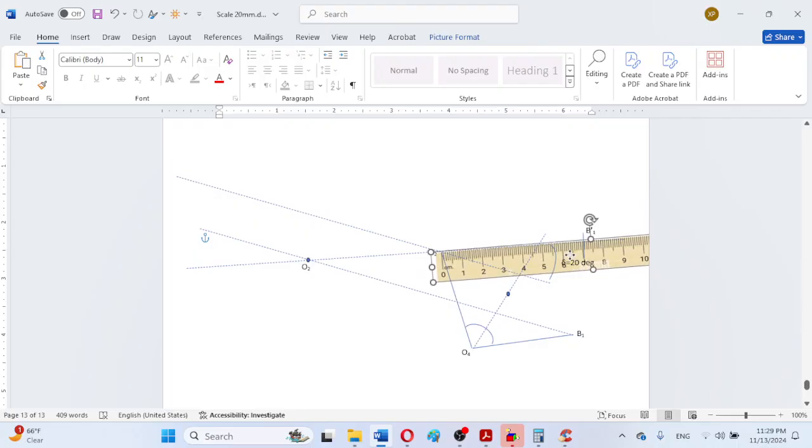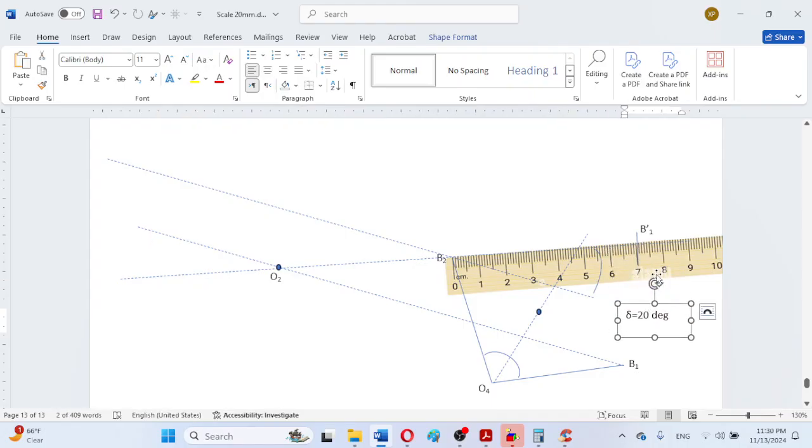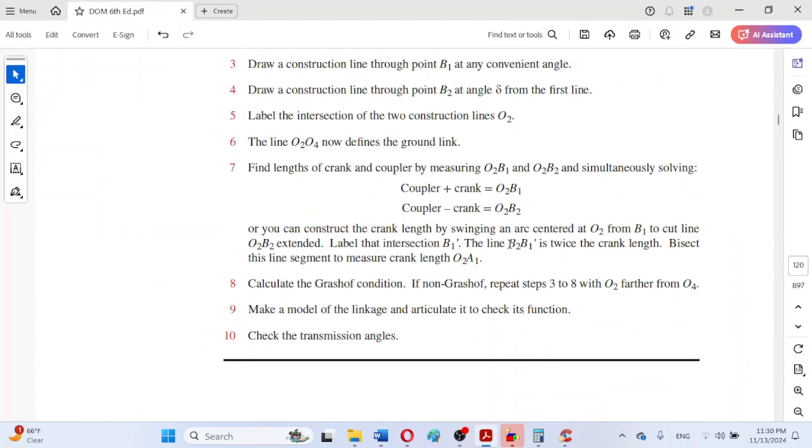So here we can observe, if we zoom in, move this angle delta out. So now carefully observe that here it is somewhat, we can say, 7 centimeter. 7 centimeter is actually B2 B1 dash, as mentioned here, B2 B1 dash, twice the crank length.